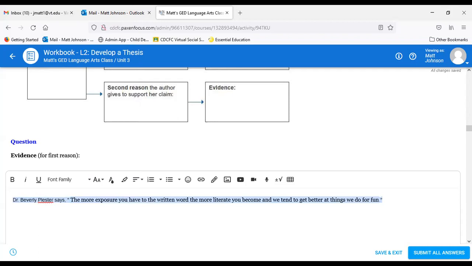And paste. Dr. Beverly Plester says the more exposure you have to the written word, the more literate you become, and we tend to get better at things we do for fun. Okay, that is her evidence, right? So appeal to ethics again, using expert testimony, different than a testimony from a celebrity.